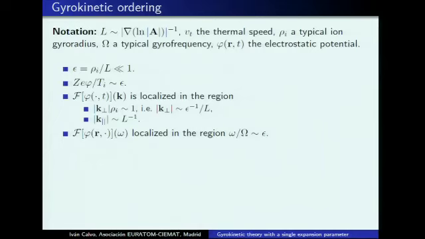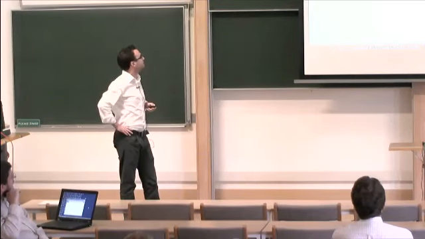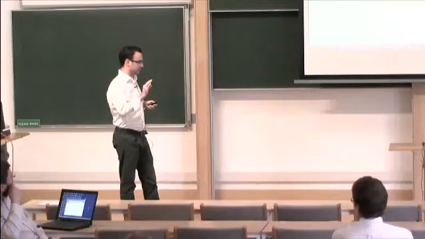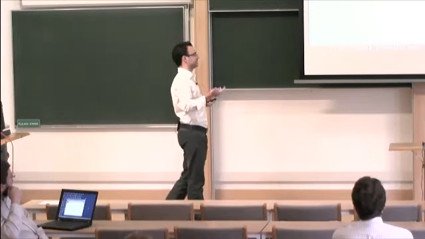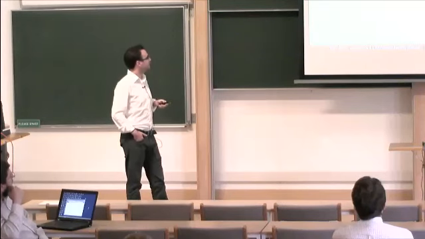is small, that the electrostatic energy is much smaller than the thermal energy, the kinetic energy, ordered by epsilon, and that the fields, which I write here in particular for the electrostatic potential, have Fourier transforms in space and time localized in very concrete regions of space and time.